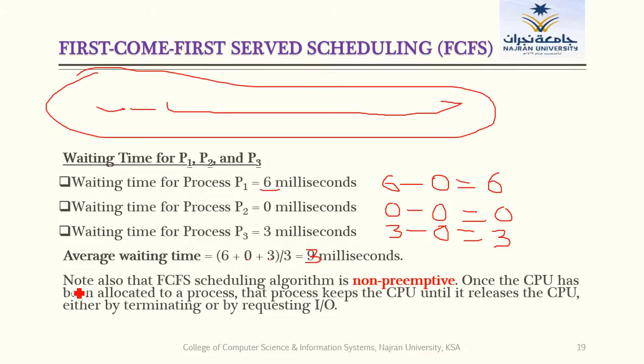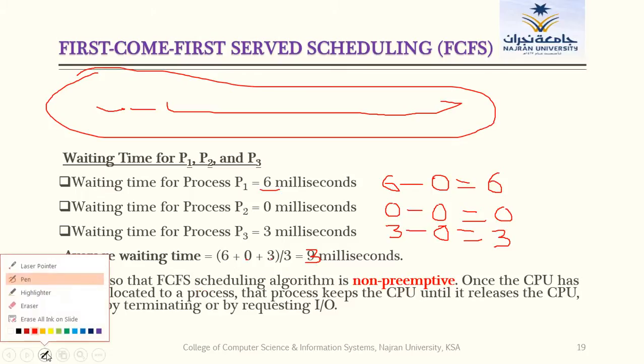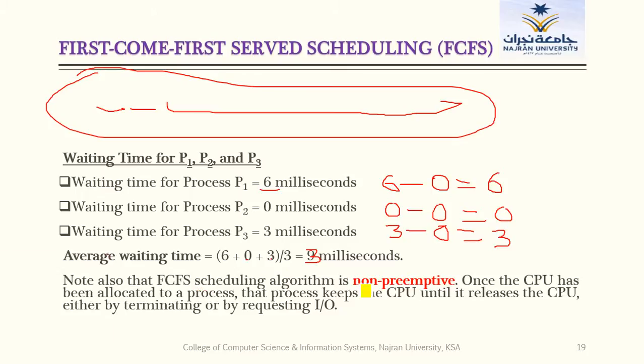One thing that you need to remember, that the first come first serve scheduling algorithm is non-preemptive. Here this is a non-preemptive approach. We have seen in our initial lectures that we have two types of multitasking, cooperative and preemptive.